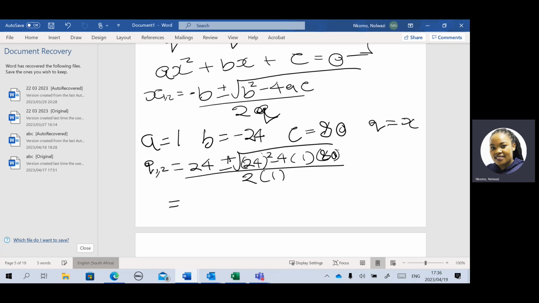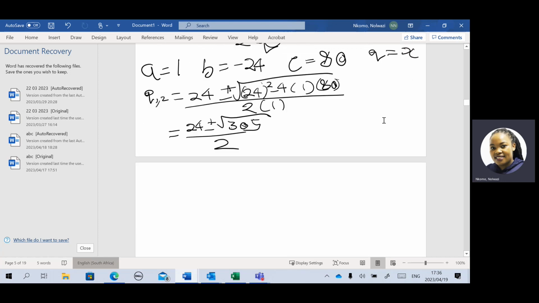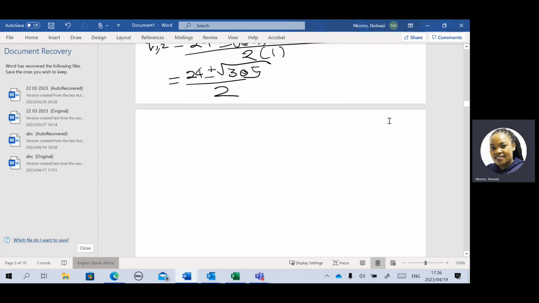And if you punch this in your calculator, you should have 24 plus or minus square root of 305 over 2, right? Okay. If you punch this in your calculator, first we put plus. This means our Q1 is equal to 24 plus square root of 305 over 2.